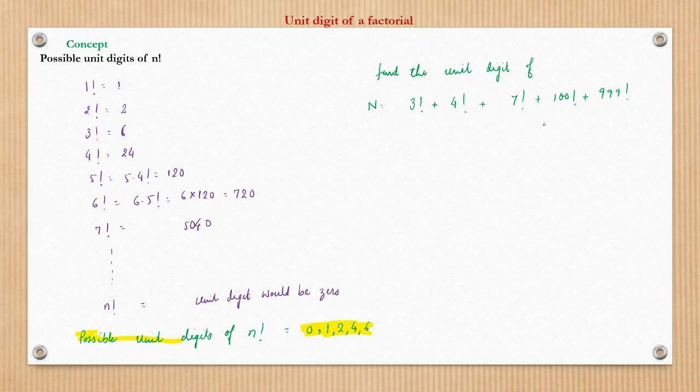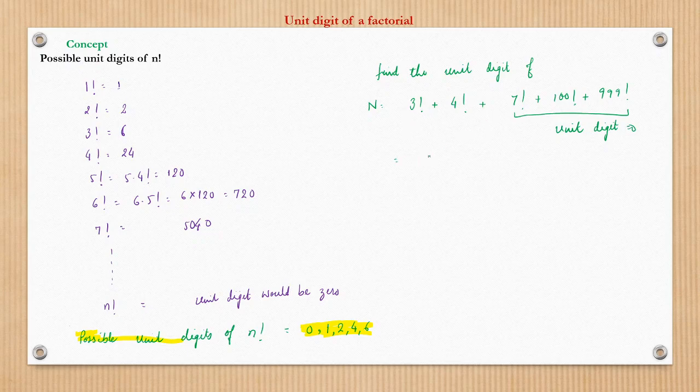What would be the unit digit? Now we know that any factorial greater than or equal to 5 will have a unit place digit of 0. So all these numbers will have a unit digit of 0, so whatever the unit digit is will come from these two numbers.